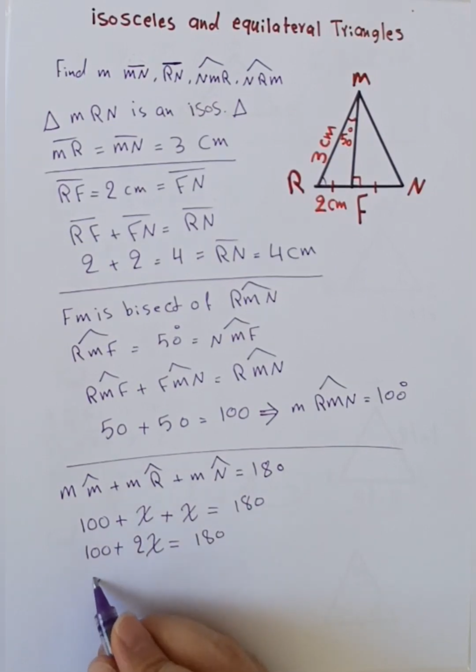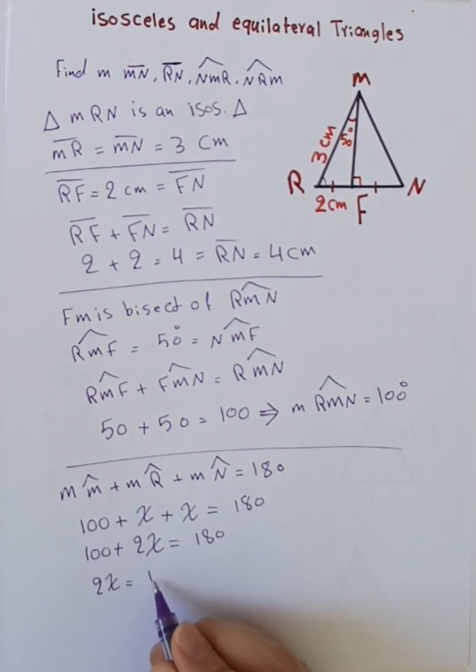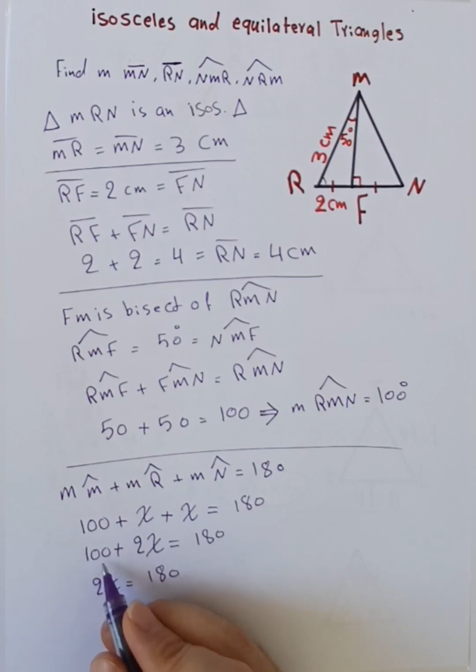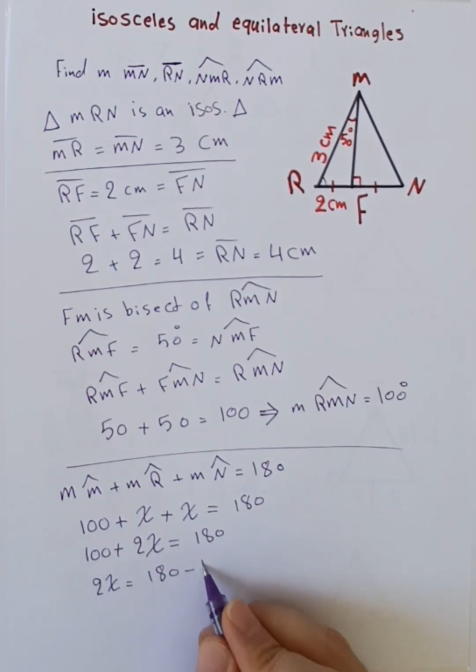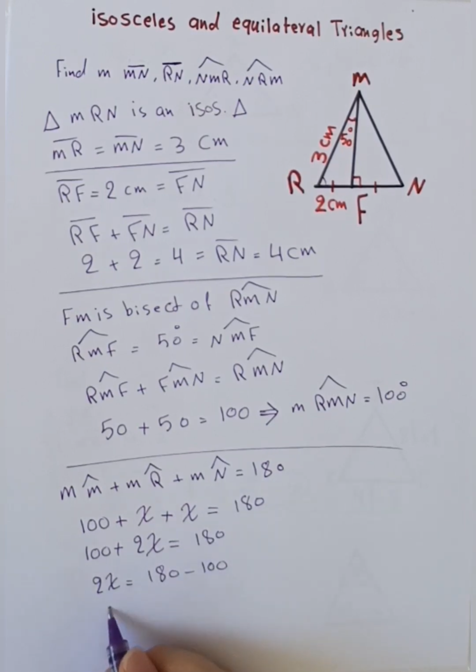So 2x equal to 180. We have to change the place of positive 100, it becomes negative 100. So 2x equal to 180 minus 100 equal to 80. And then we have to divide both sides by 2.